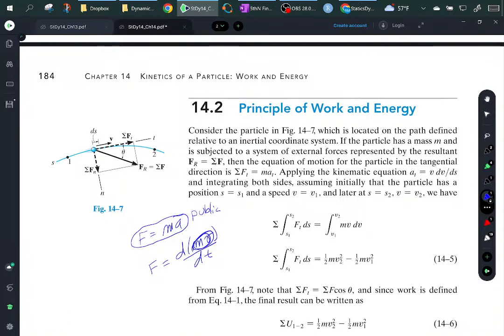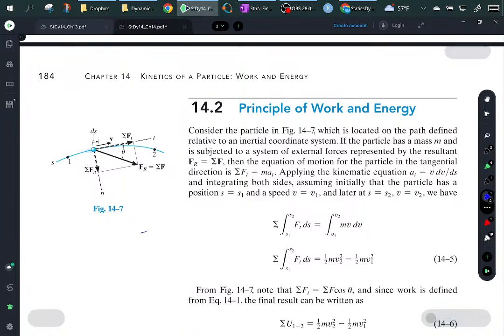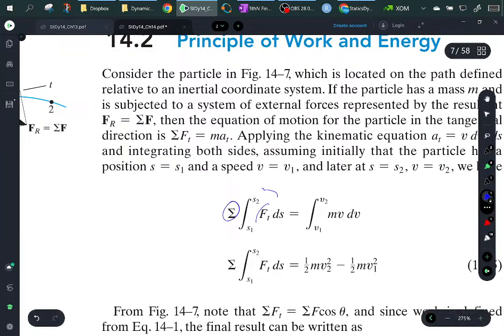And so you'll end up with an MV over here. We'll come back to some of this in the next section, but for right now, I'm just going to toss it out and say, okay, if we stare at this equation and we look at this work applied, and he has a sum out here because you could have multiple, then you'll end up on the right hand side with 1/2 mv squared.